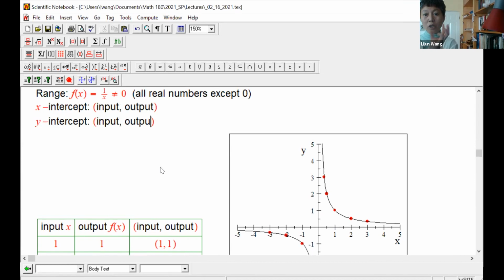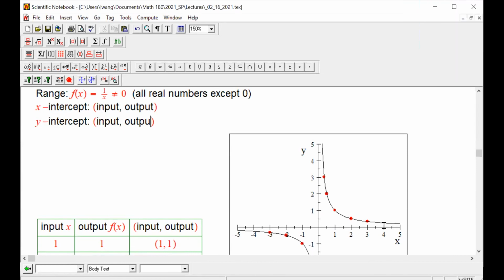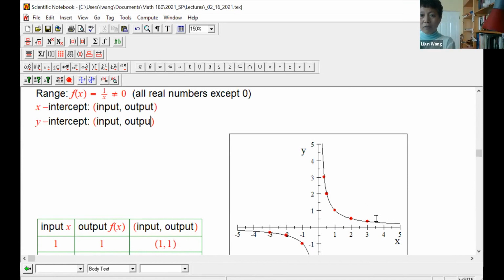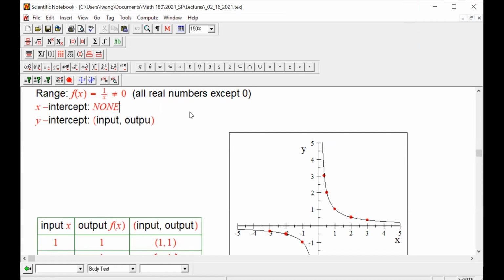X-intercept is where the curve crosses the x-axis. Where does the curve cross the x-axis? It doesn't. Never. It never touches there. So what do you say about the x-intercept? There is none.